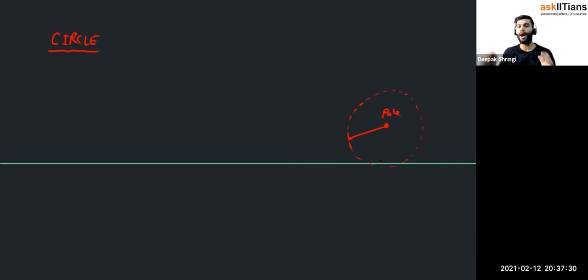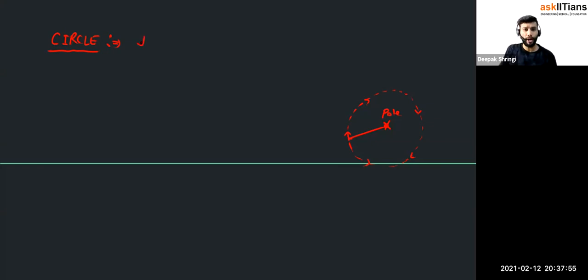And what happened while you were covering that path is that you had a fixed point. You were rotating around that fixed point at a particular distance, and you have covered a path, and that path is called a circle, right? So what is a circle in that case? You can understand a circle through many definitions. The first definition that I can tell you is that it is the path of a point.